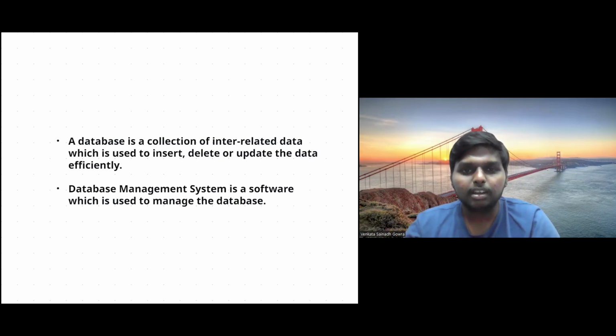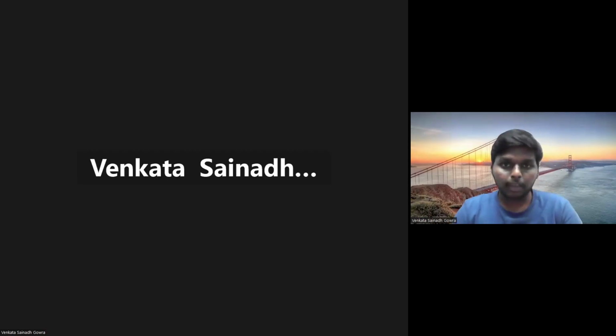The reason is, in earlier days, we used the file management system in which we store files in various locations and in various formats, which is very hard to retrieve and perform operations on. When we use a database, the data is stored in a single unit and a single location, which is easy to access, and performing operations is also easy. So we use databases over file management systems.